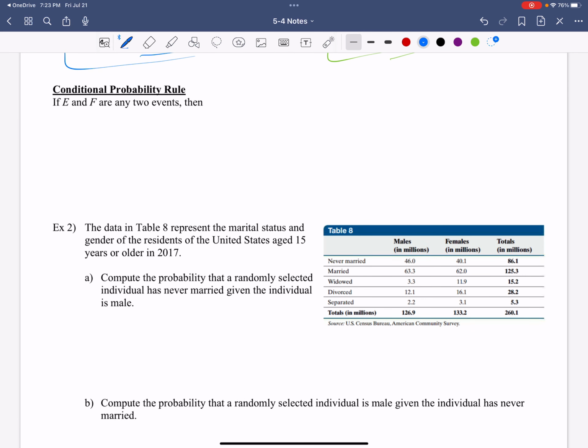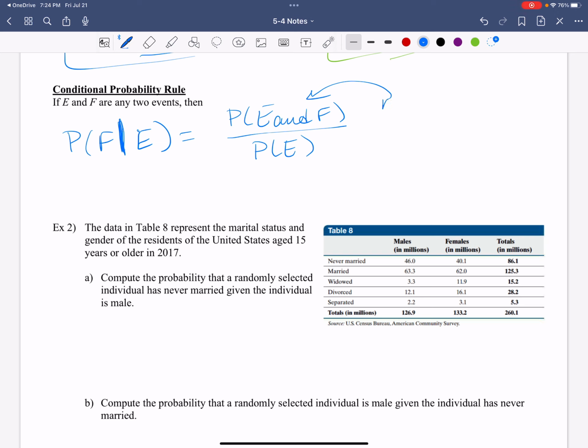If E and F are any two events, then the probability that F given E will happen, remember we've got this bar right here, is the probability of E and F over the probability of E. Now, the key to this one is that this is the multiplication rule, because it has "and."